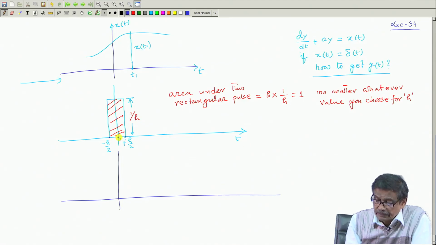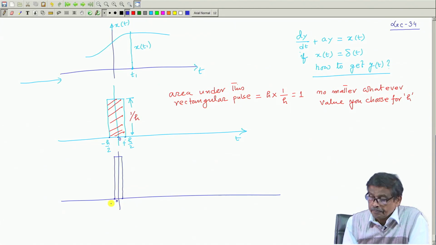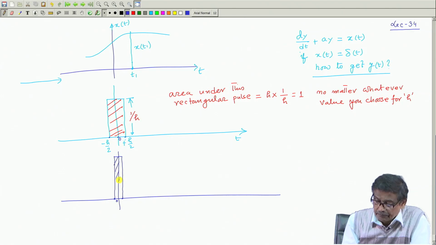If you make h smaller and smaller, the height of the rectangle, which is 1 by h, will go up and these base points will come closer to t equal to 0. But the area will remain the same, unity, because I am still keeping the height 1 by h.